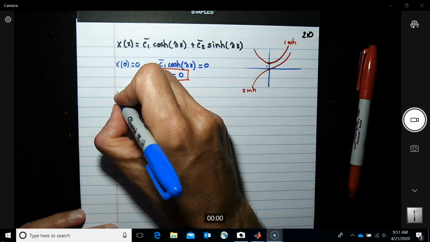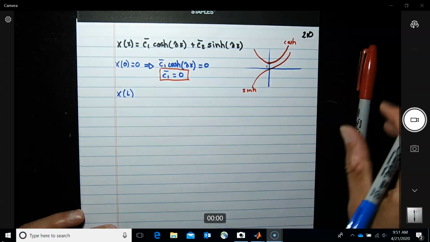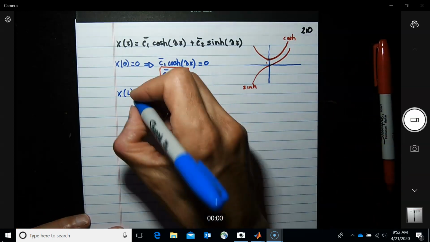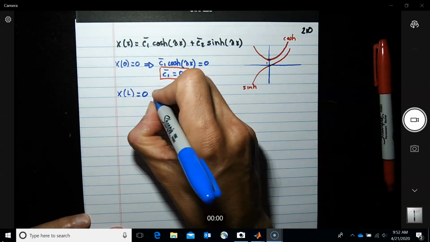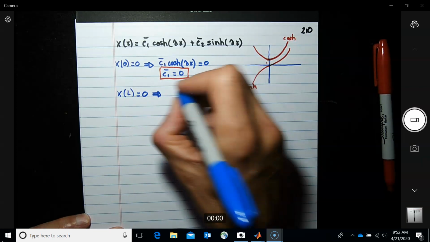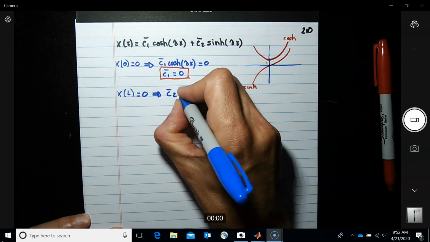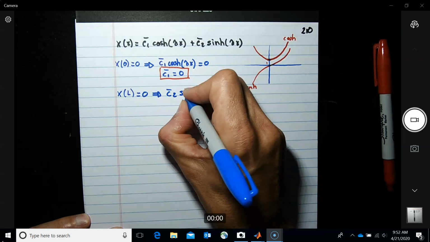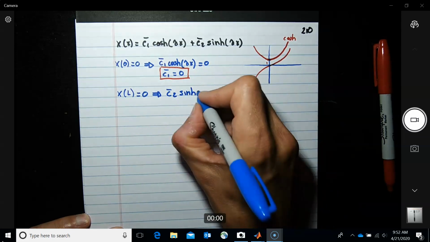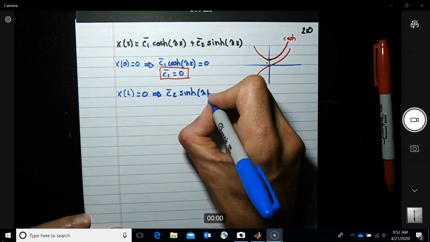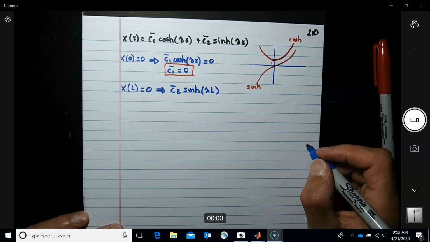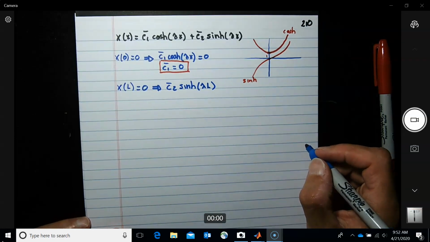So now let's see what happens for the second one. X at L, which is at the other side of the plate, must also be equal to 0, so this will mean that C2 sinh lambda L should be equal to 0.